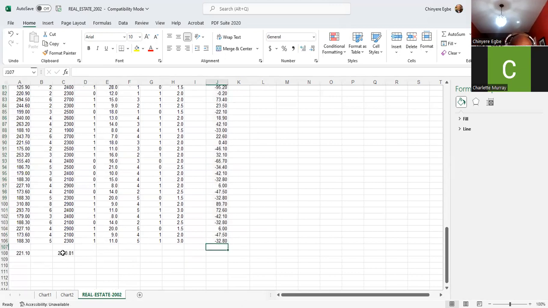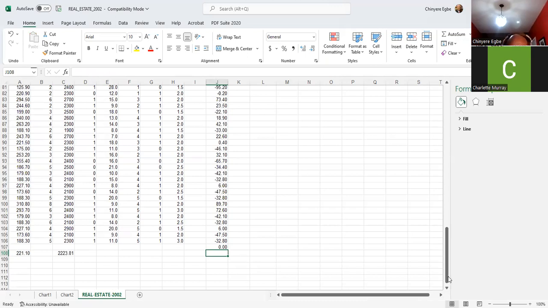Okay. And if you do it correctly, right? The answer is 0. If you add the sum, the answer is 0.